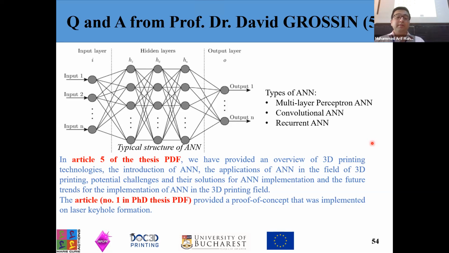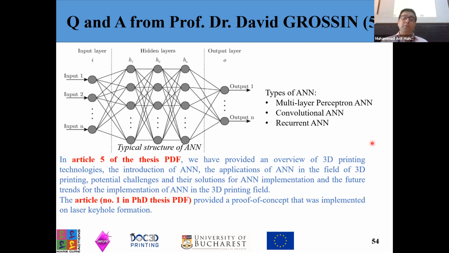In the first article, we developed a literature study based on the 3D printing technologies, the introduction of the ANN, the applications, the challenges, and how we can resolve these challenges in the field of ANN by combining ANN and 3D printing. And we identified one problem during the literature study, that for these ANN, we usually need a huge amount of data set, which is not feasible using experiments.